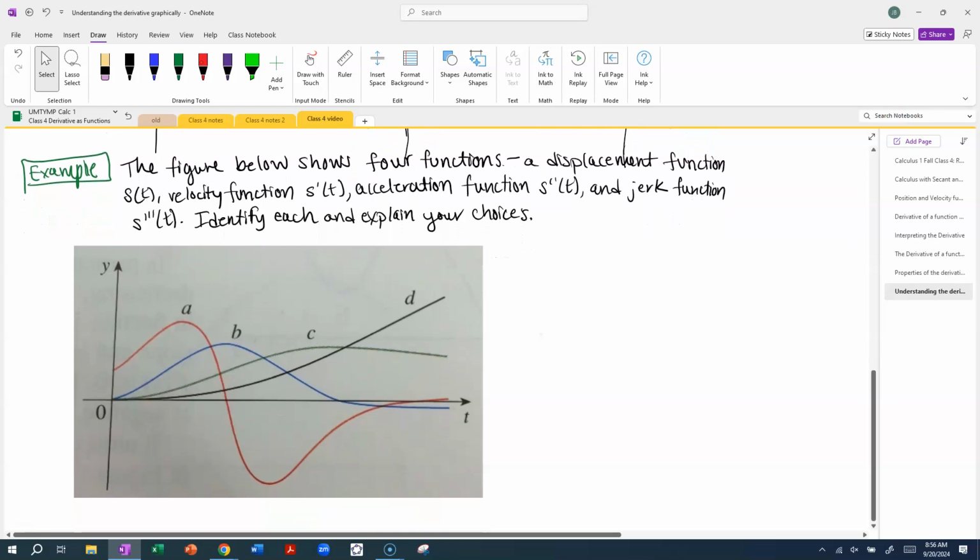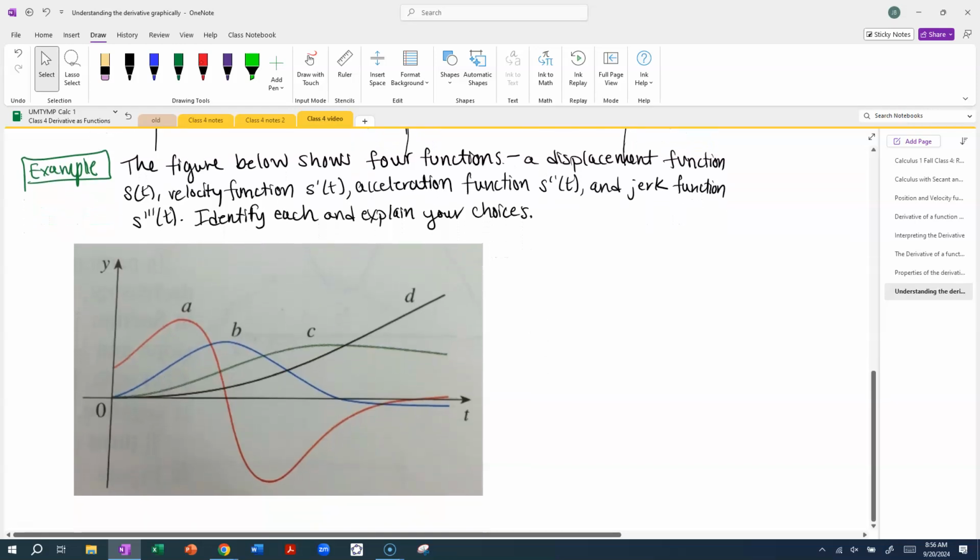So with that idea, we have an example where we just have to piece things together. We have to figure out each of these, so there are 4 functions shown. One of them is the position or displacement function, and then another is velocity. Acceleration is the second derivative of displacement, and jerk is the third derivative.